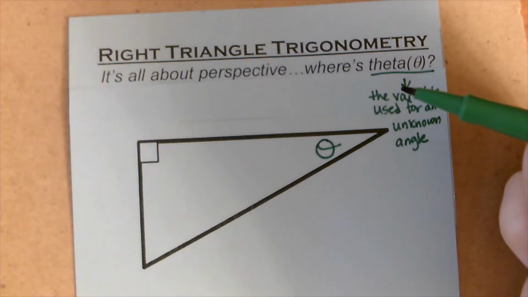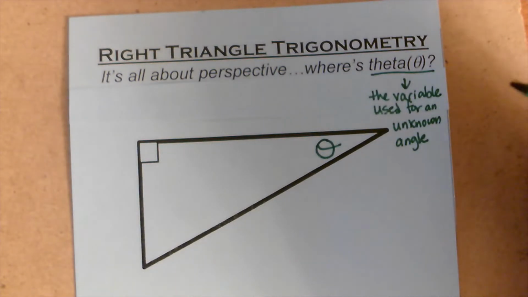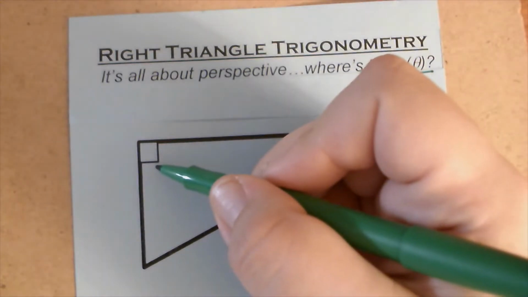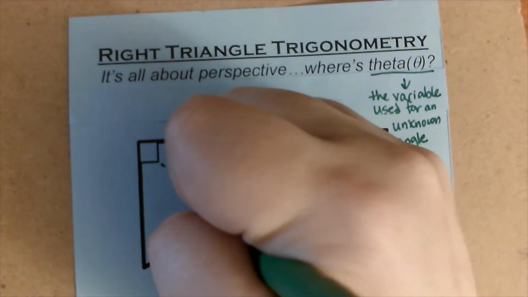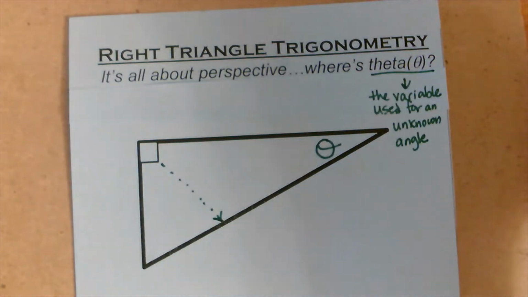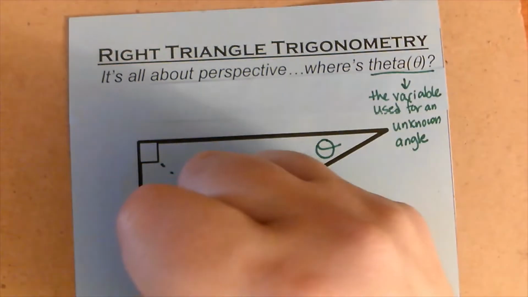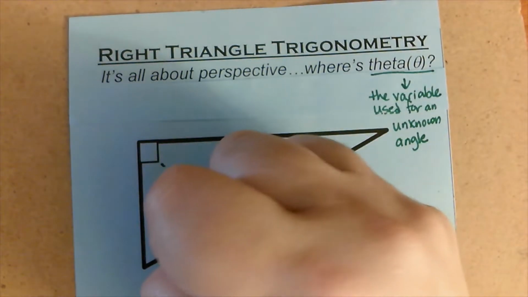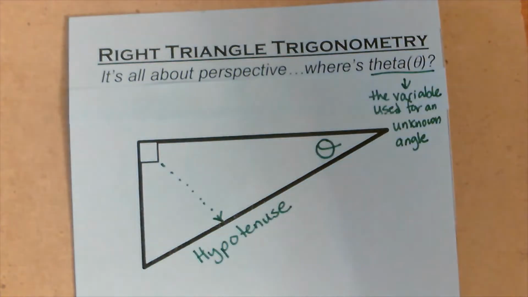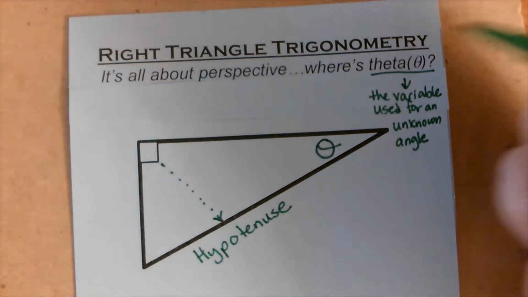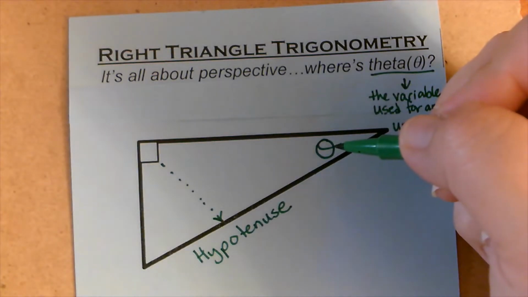There's a couple things we need to remember about a right triangle. The side opposite the 90-degree angle is always the hypotenuse, so that hasn't changed. The other two sides we label in relation to theta.